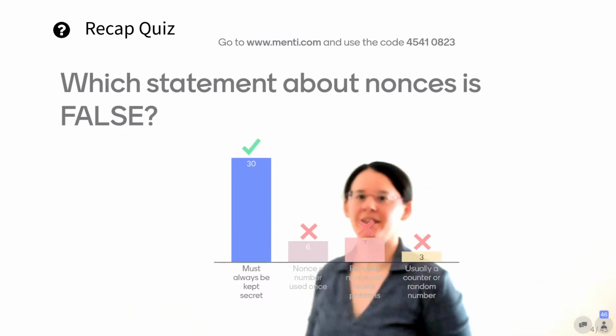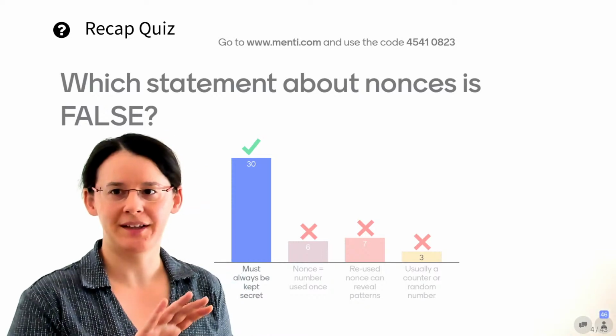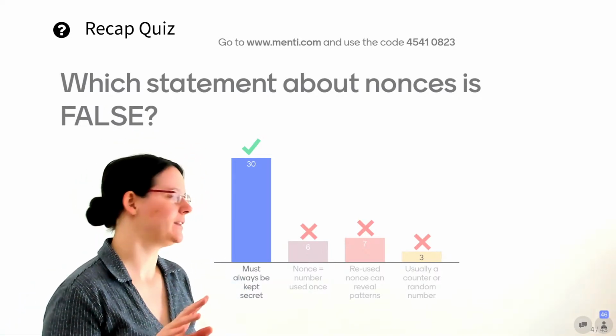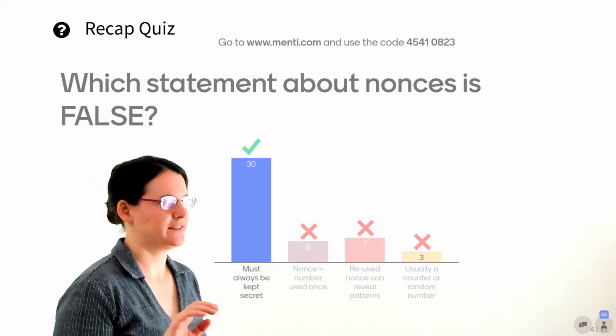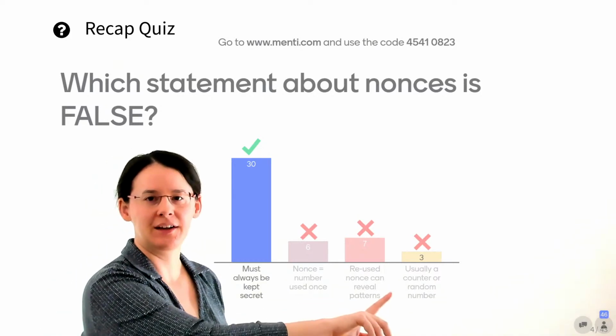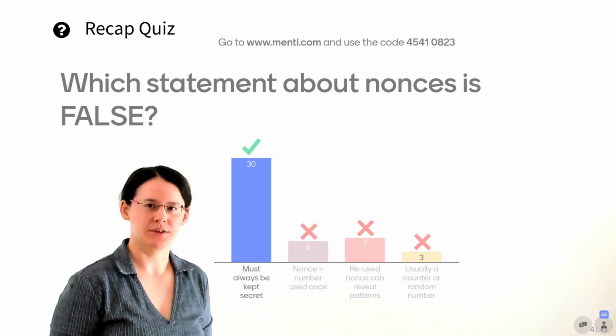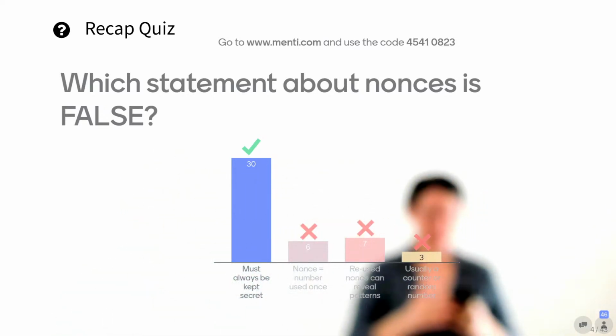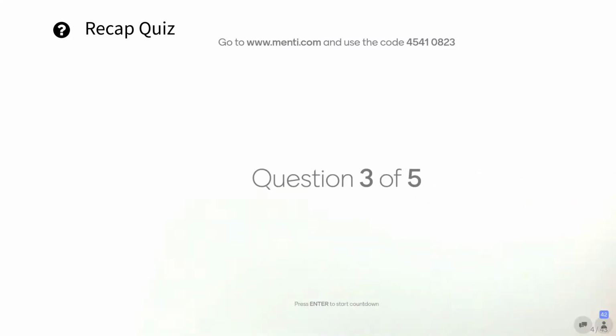Yep, that's correct. So indeed, they do not need to be kept secret. So there are a few protocols which treat them as secrets, including TLS, but it's not necessary. So they can be public numbers, and in particular, they can be something like counters or random numbers in many cases. Okay, let's look at the next one.